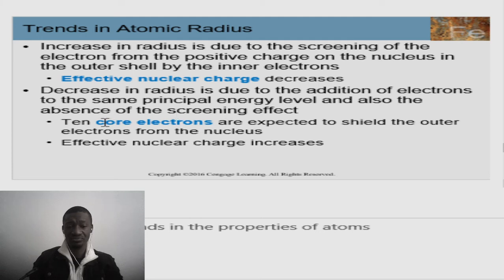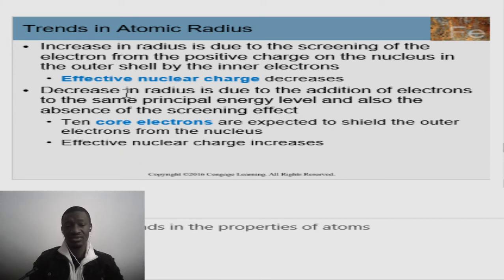So the 10 core electrons are expected to shield the outer electrons from the nucleus. Notice that those 10 core electrons, with the 2 of the 1s, 2 of the 2s, and 6 of the 2p, is what makes that 10 core electrons.